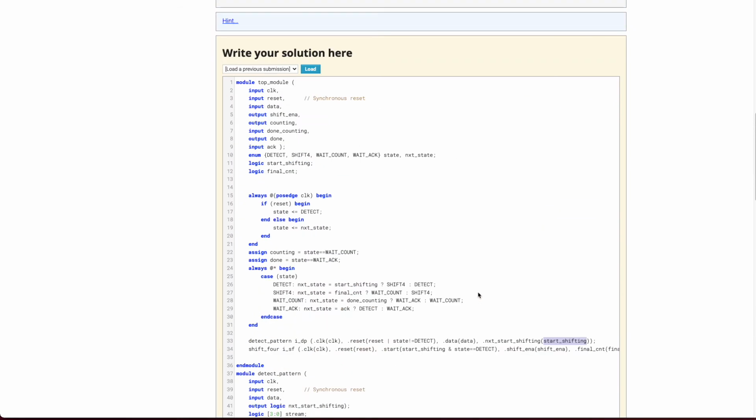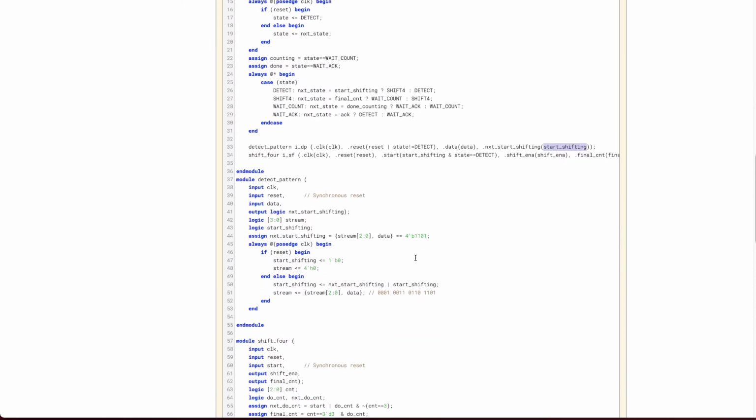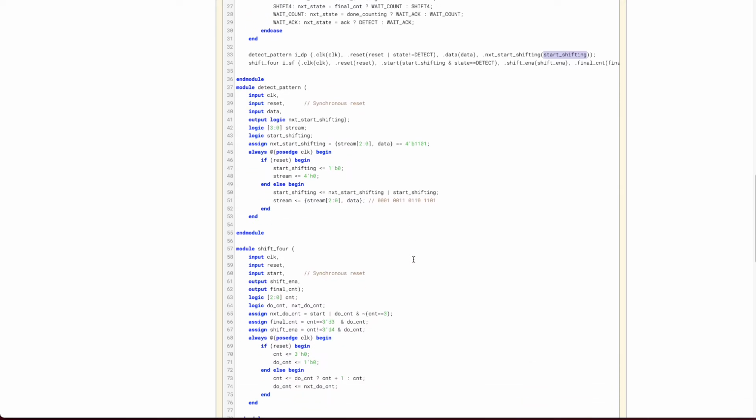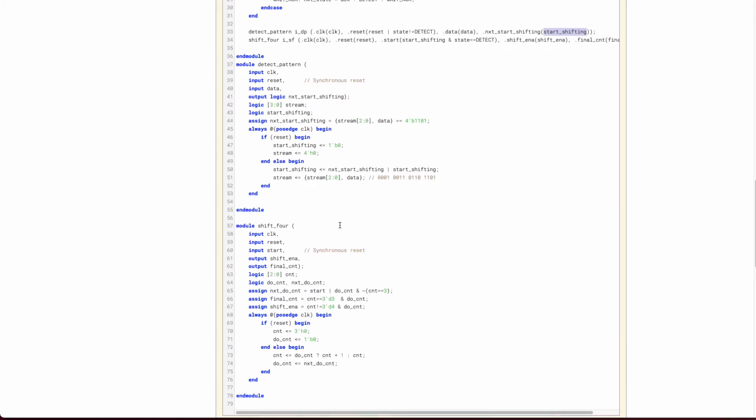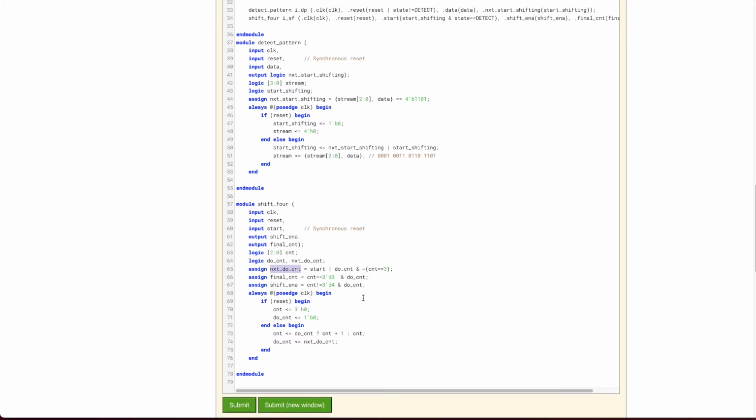And if 1101 detection, this is asserted. And then what's reset? Reset 0, cool. And then this goes into here. So start is asserted. When start is asserted, next do count is asserted.